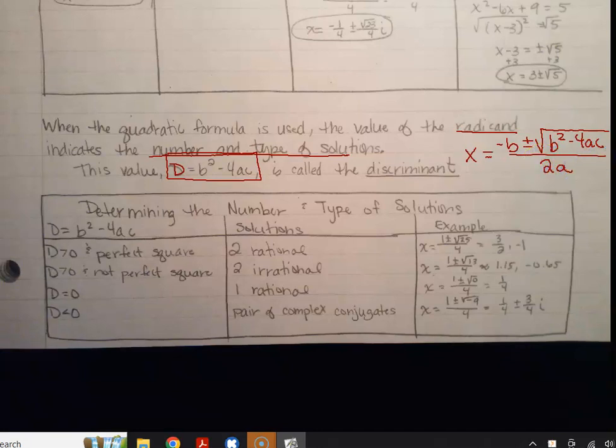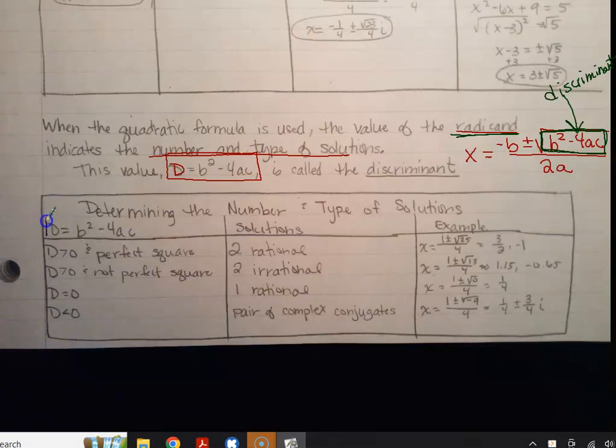The radicand is the part under the radical sign. So this is your discriminant that we're talking about. This value tells you the number and type of solutions. So it's really kind of cool.